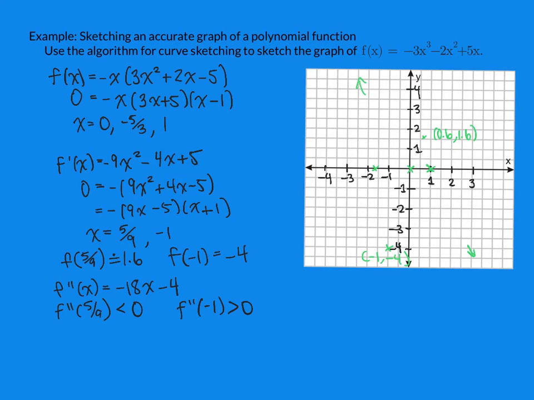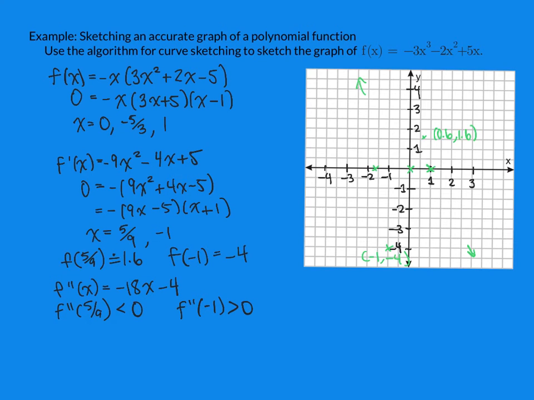And we know that it's decreasing from -infinity to -1. It's increasing from -1 to 0.6, and then decreasing from 0.6 to infinity. And we know that there's going to be a point of inflection, or at least we think there is going to be. There is a point here for the second derivative that is 0.